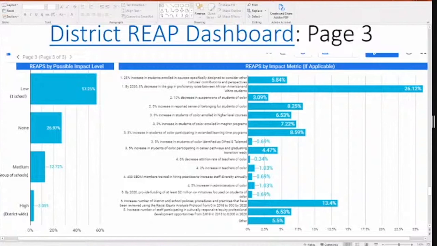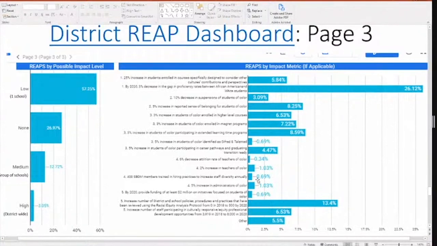Obviously, if it's a reading curriculum, that would connect to proficiency. But if it's, say, like an art curriculum, that may connect with reading proficiency, but that would be a distant connection, right? So that's what we're looking at here. So most of our impact level is still at the low level. We do have some that go into the high level. Some are none because they were not anything related to any of these metrics.